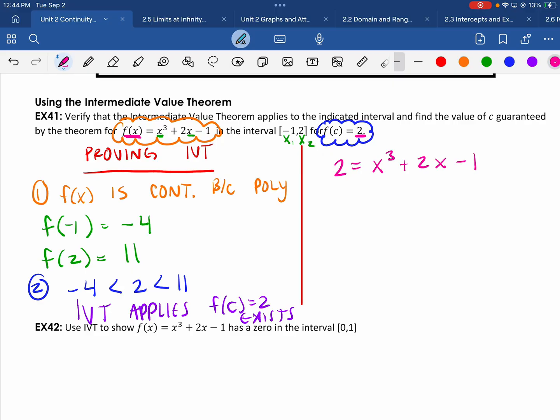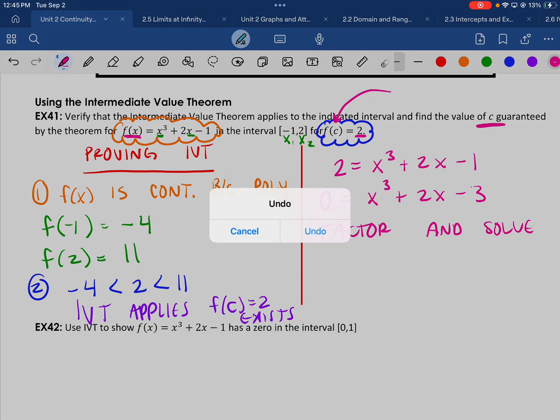If I wanted to solve this, I have to move everything to one side because it's a polynomial, and try to factor. Now we're finding c, so we're trying to figure out the c value when it's 2.